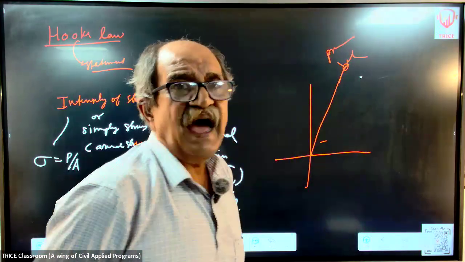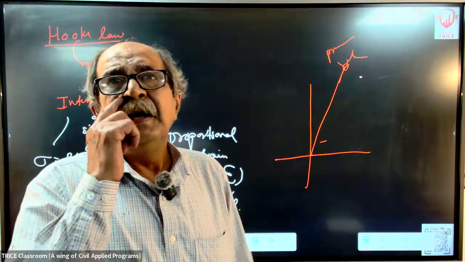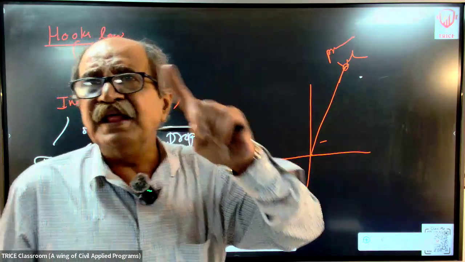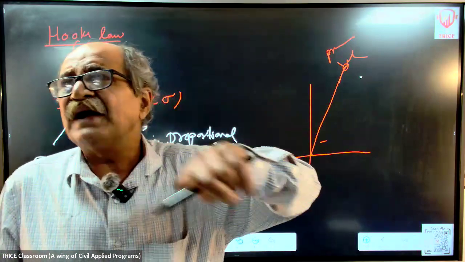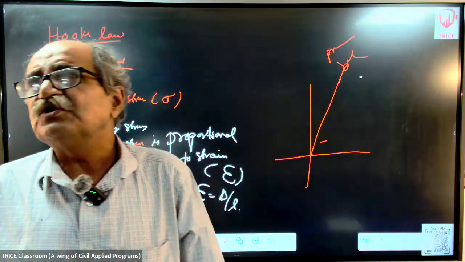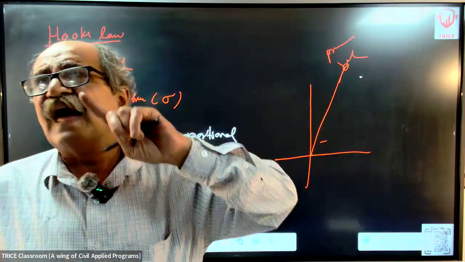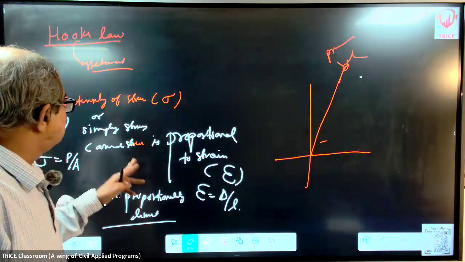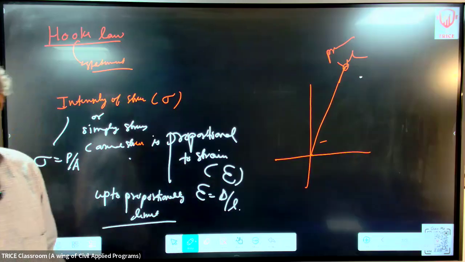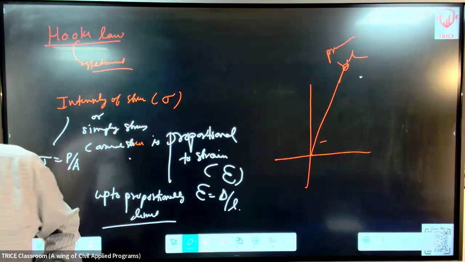But technically, the property of a material by virtue of which it will spring back to its original position is called elasticity, and that is valid up to the elastic limit, whereas stress proportional to strain is valid up to the proportionality limit.